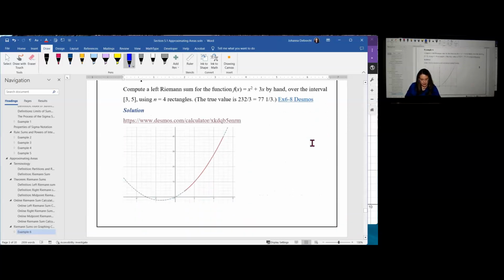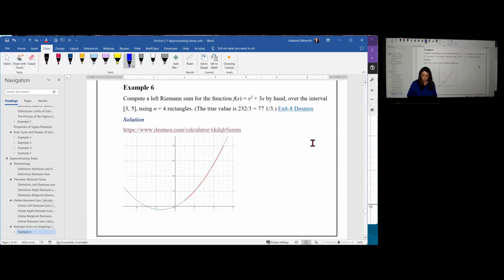Let's take a look now at example 6, where we want to compute a left Riemann sum for the function x squared plus 3x by hand over the interval from 3 to 5 using 4 rectangles. I'm telling you that the true value is 232 thirds, or 77.3 repeating.